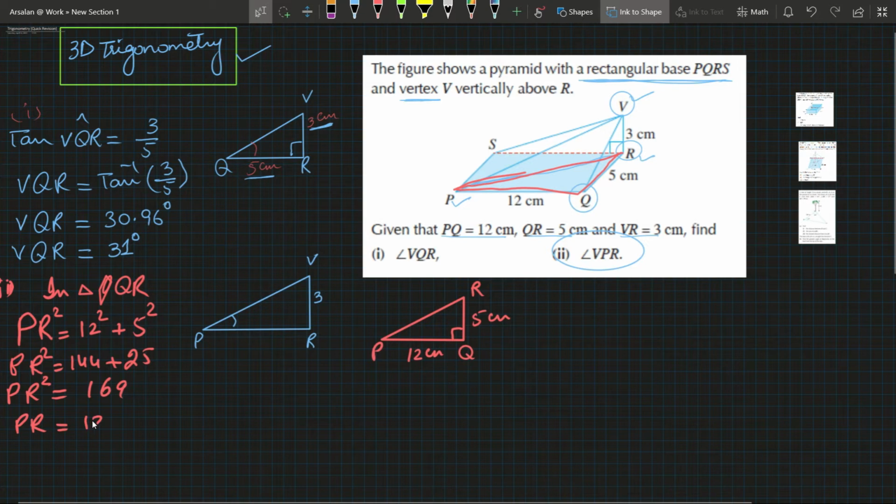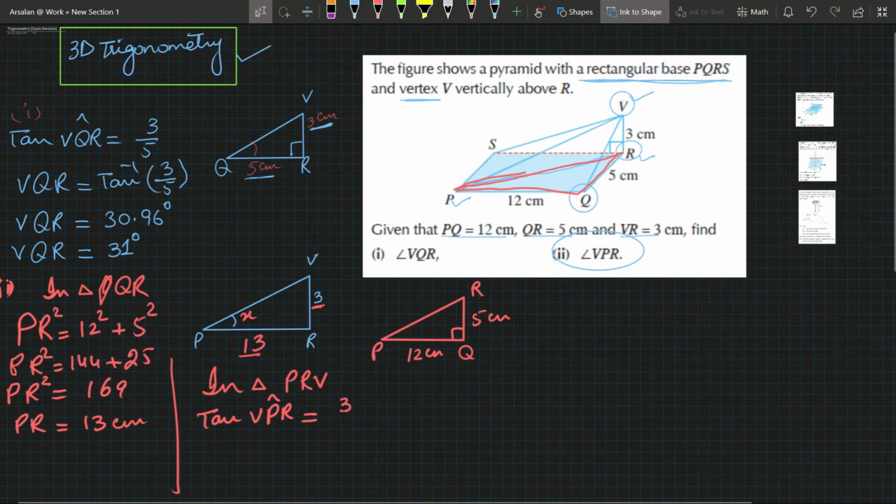You see that for finding the actual value we need to find something extra. Now PR is 13, and I can easily find this angle VPR. After this part I am considering the triangle PRV. I am applying tangent. Tangent of VPR, which is our required angle, equals opposite over adjacent, 3 over 13, and again we'll take tan inverse.